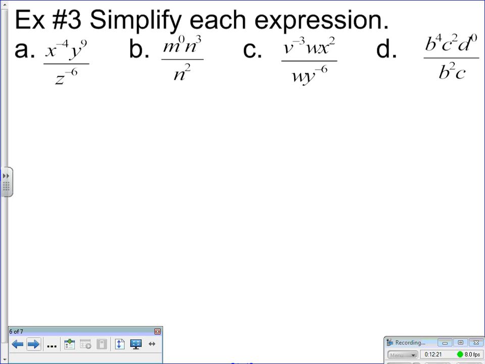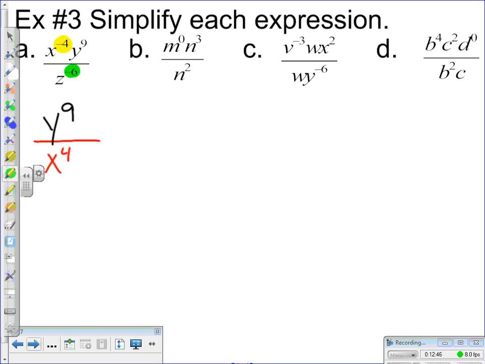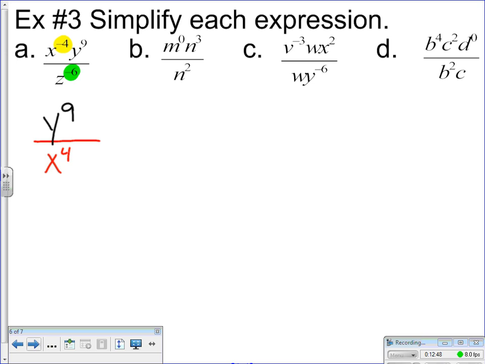Okay, so you see this little negative 4? I'm going to move that x to the denominator, and that made a positive. Now, y to the 9th, that's not negative, so it stays y to the 9th. However, z to the negative 6, that's negative.